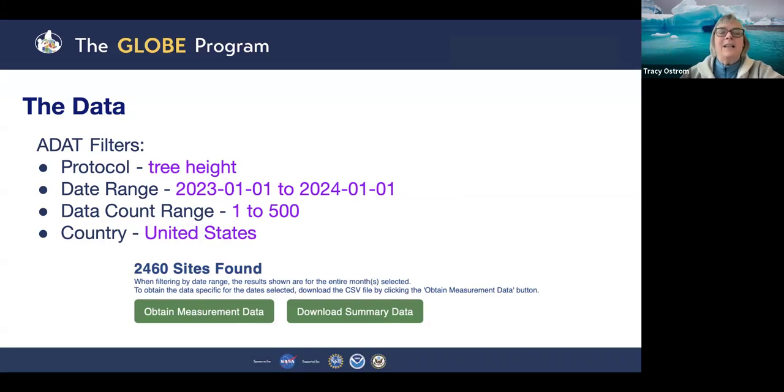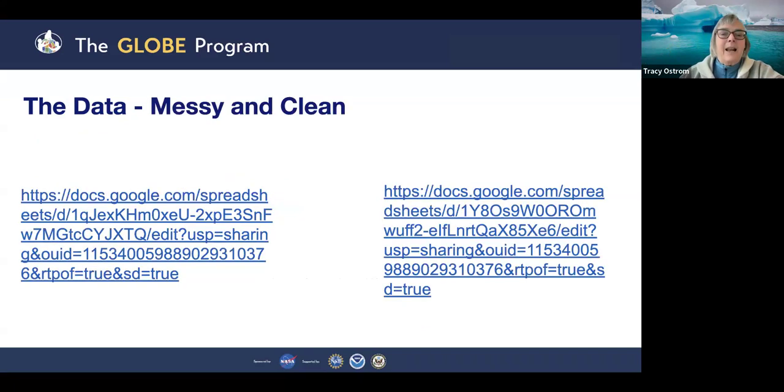So let's go to the next, and when we download that, I'm going to put the first link in the chat. When we download that, we're going to get a very large data set. So if you could go to that data set on your own right now. This is the downloaded data from the ADAT system.